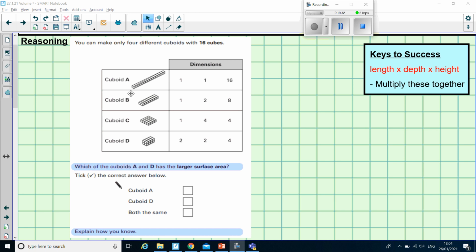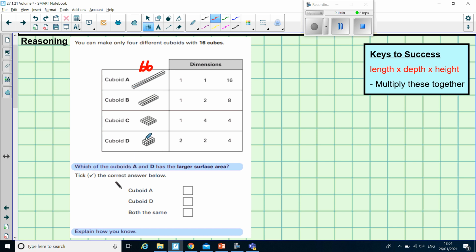If I was holding it, I could see 16 squares along the bottom, and I could see 16 squares along the other side. So I could see all together, just around the edges of that shape, 64 squares. And then there's 1 square on each end. So that makes 66. So I think the surface area of cuboid A is 66 squares. I think I can see 66.